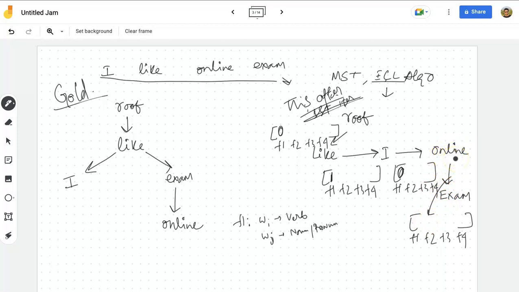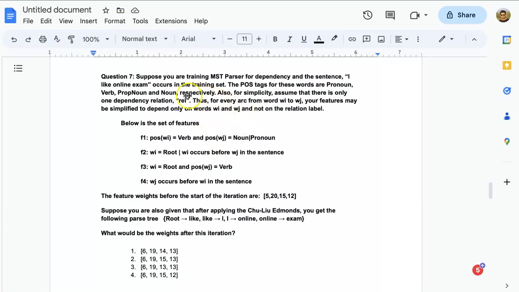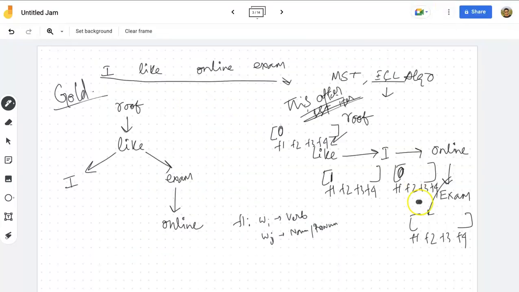No. Online is just a noun modifier, kind of an adjective, but in the question they say it is a proper noun. Whatever, the point is that this is not a verb. So this will also be 0.